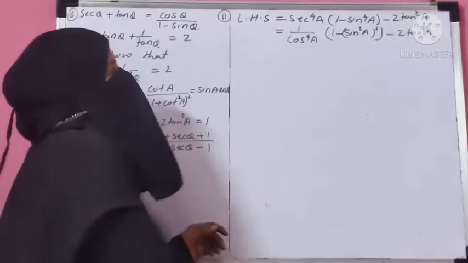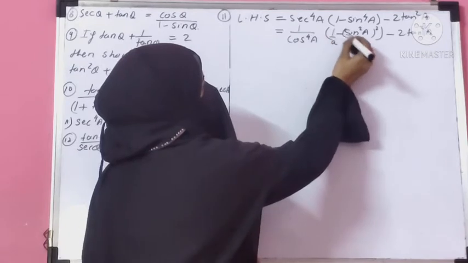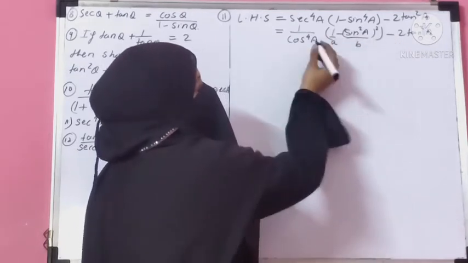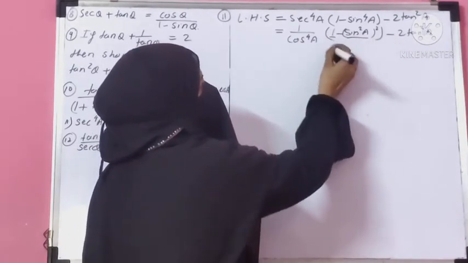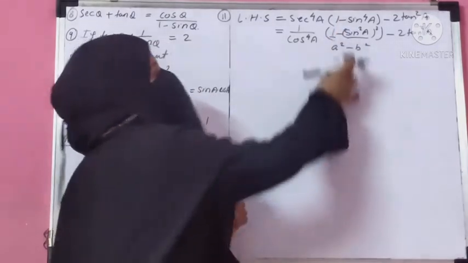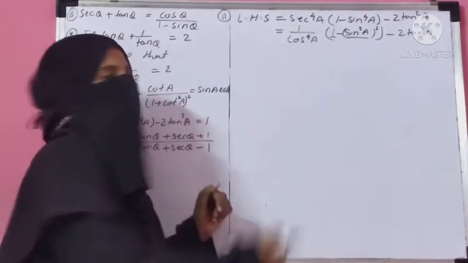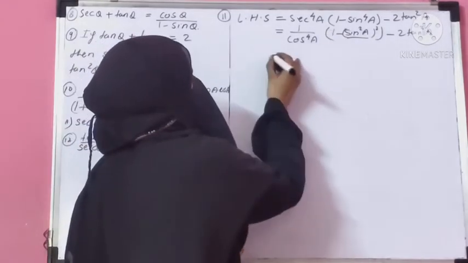Now you know that 1 minus sin square A, this part you can consider as A, and this part as B. So you can apply the formula of A square minus B square, because 1 square is 1 and sin square A is there. So apply the formula.